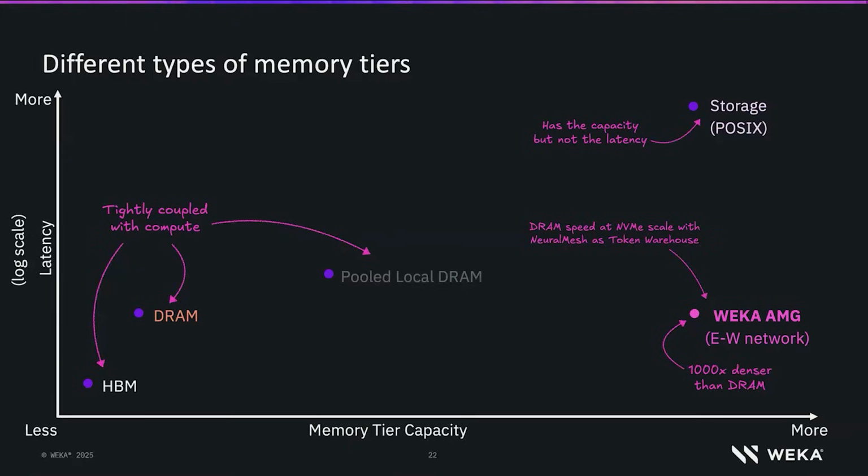So what we at WEKA did is we took all the durable advantages of our product, which has been tried and tested in AI training and HPC environments, and augmented memory grid is basically a supported optimized connector between the inference systems and our existing product.